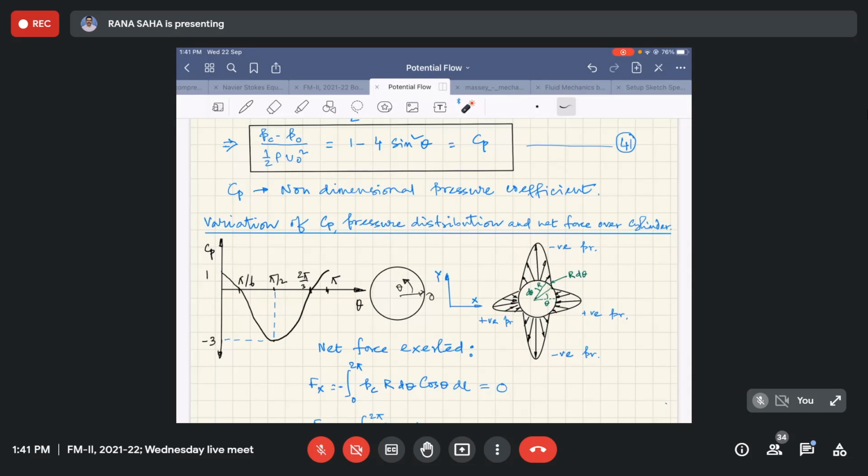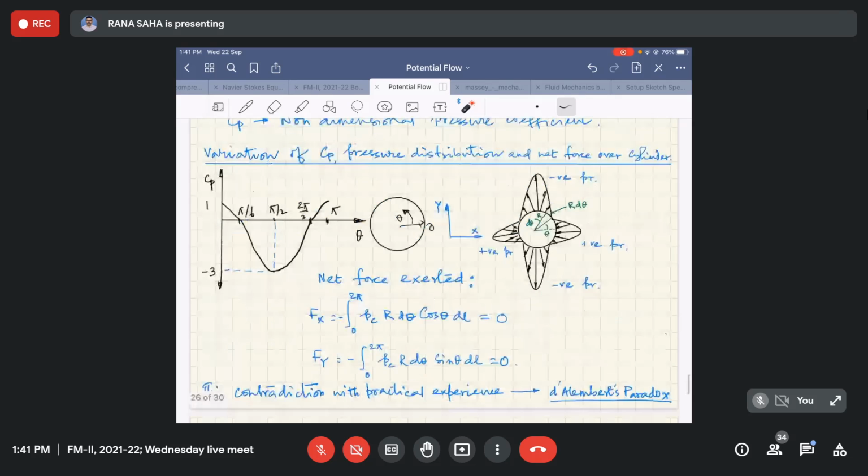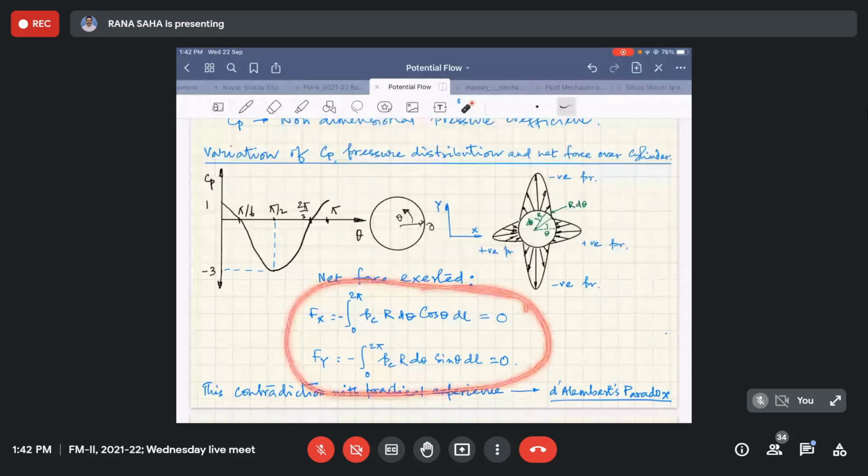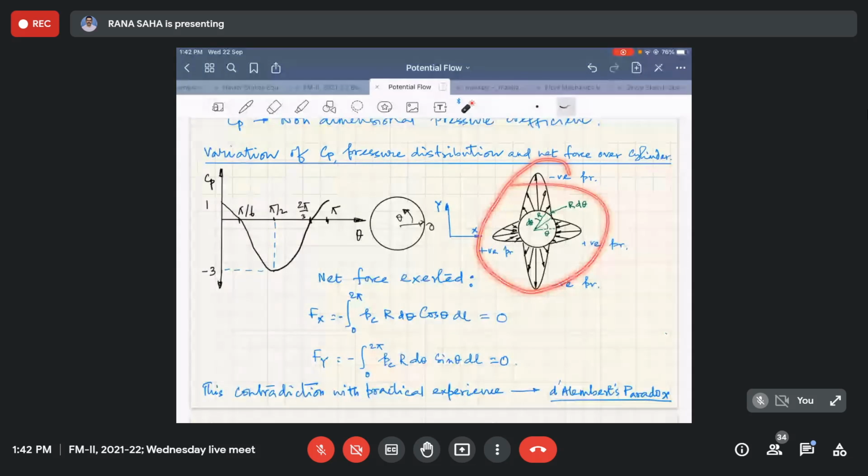So this means without going for this exercise that is being done in the very next step here, without going into that, by looking into this pressure distribution, one can straight away state that there won't be any kind of net force associated due to this flow past a cylinder.